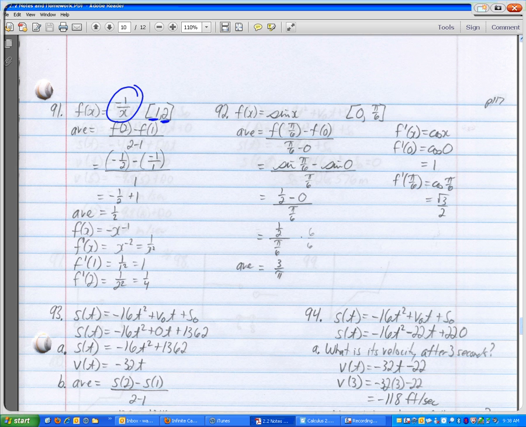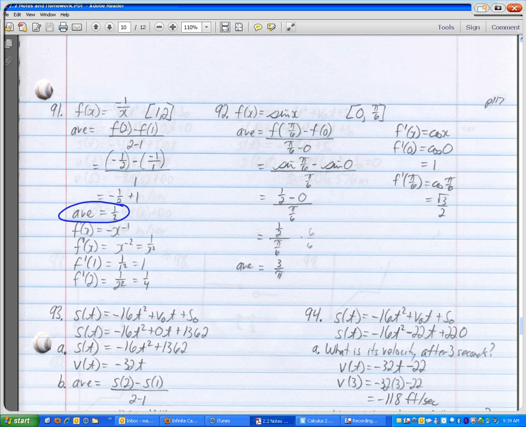Well, there's f, so f of 2 would be negative 1 over 2. Then we get f of 1. Well, again, there's f, so that'd be negative 1 over 1. That's how I get that line. 2 minus 1 is 1. All right, so I've got a negative 1/2, and then minus a negative means plus. So I've got a negative 1/2 plus 1. So I've got 1/2. So the average rate of change is 1/2. Any questions on getting the average rate of change?